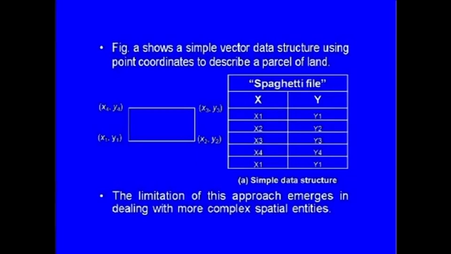Now, how would this be converted? This is converted into a list of x and y values in the form of a file which we call a spaghetti file. All the points have their x coordinates listed in one column and y values listed in the y column.